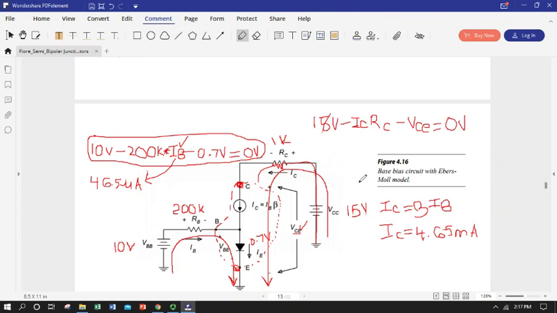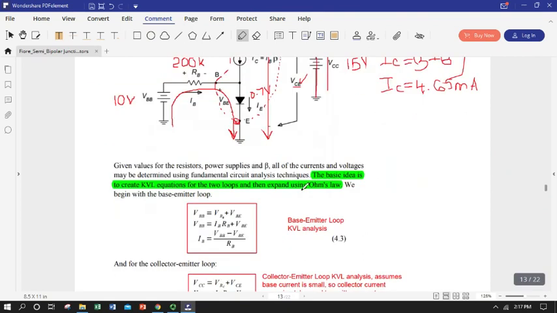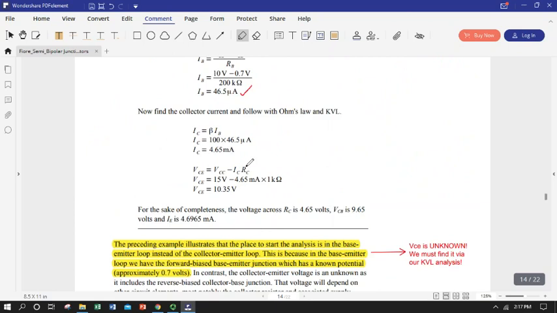I just solve it by difference. And I've got this value here. I was given R sub C, so I can just solve for V sub CE. So we're going to hope it's going to come out to a little bit over 10, which it was.